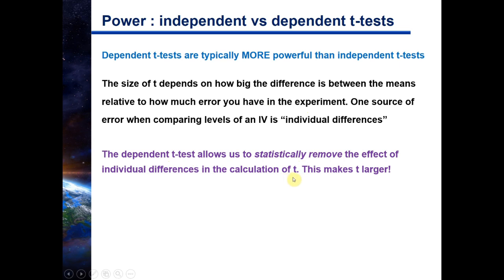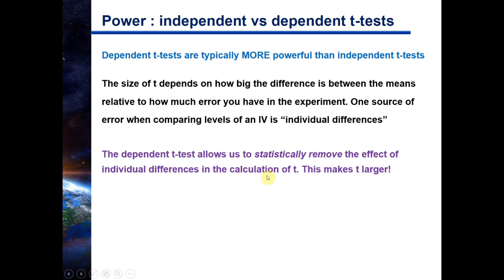If you remove the individual differences, this is going to make the value of t larger. I'll show you on the next slide how this is true mathematically.